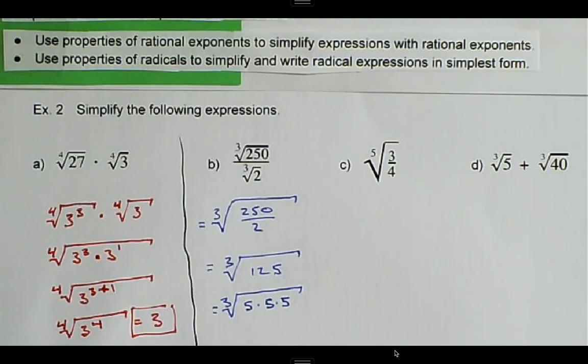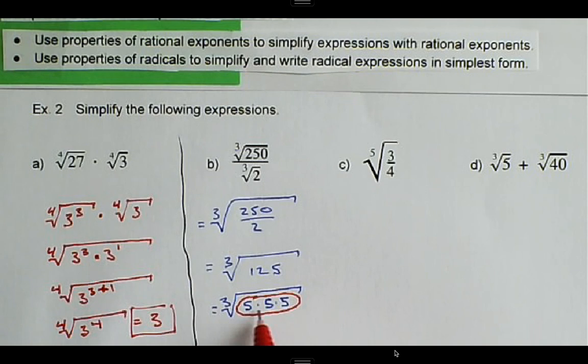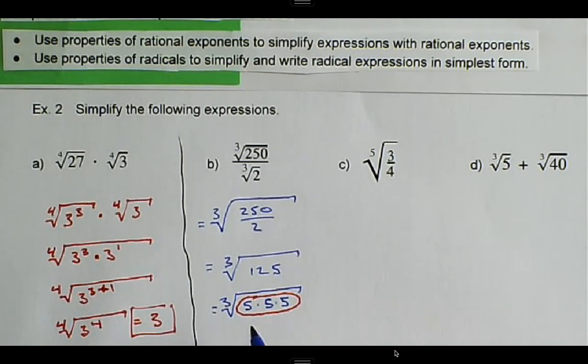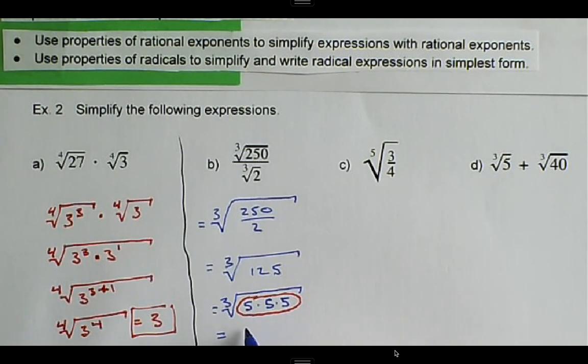And once we have the same number of matches, so under the radical we have 3 5s, and the number on the radical is 3, we can take them outside as just one answer. And so the answer for this one is 5.